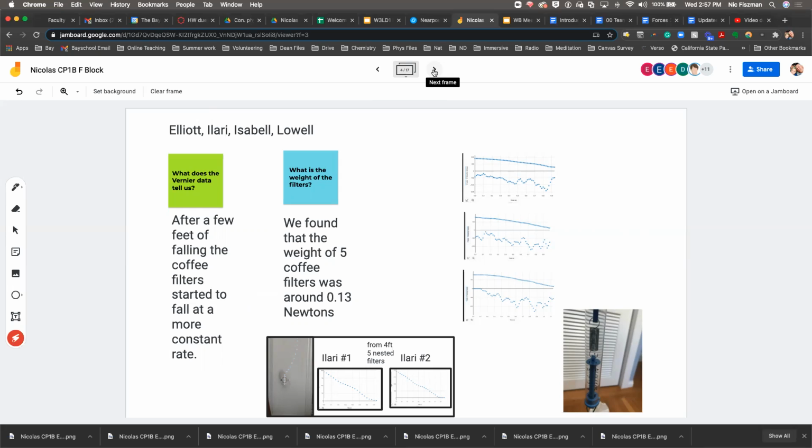Well, we found that the weight of 5 coffee filters, this is, I think, Isabel, with the spring scale, measured at 0.13 newtons. So that could help tell us the weight and more.